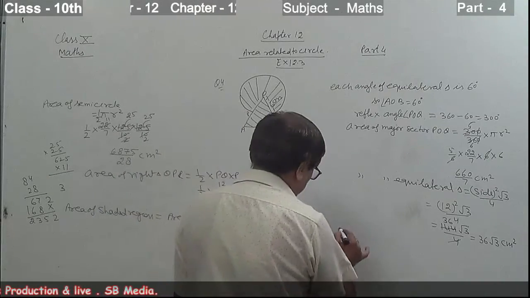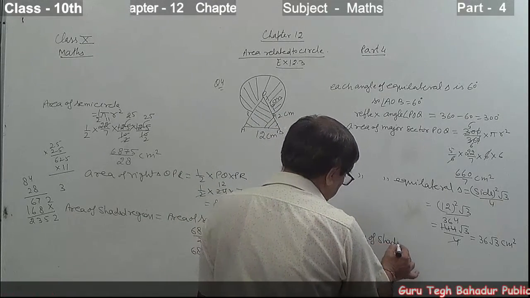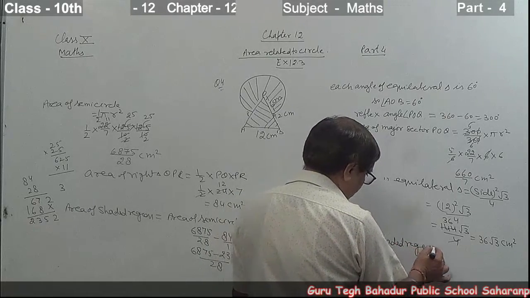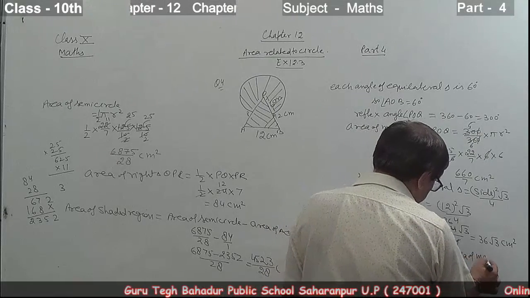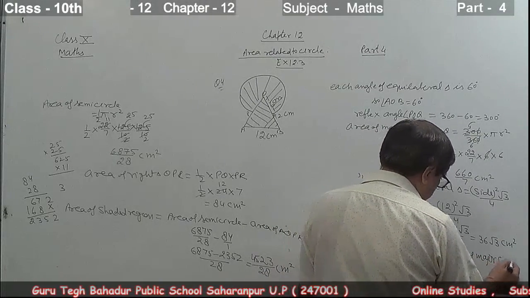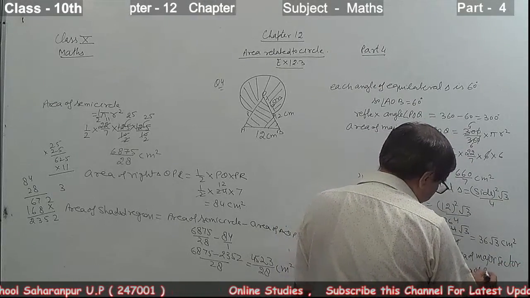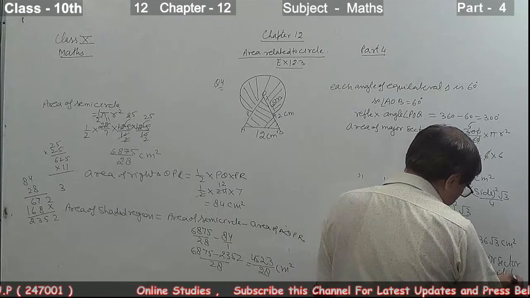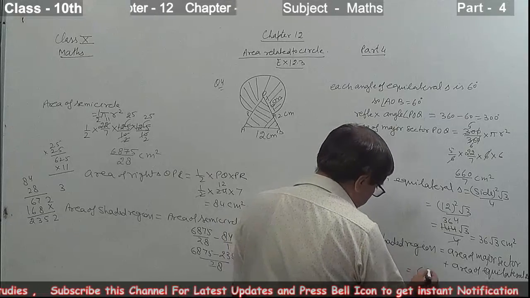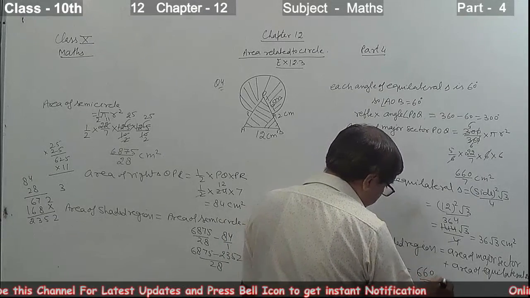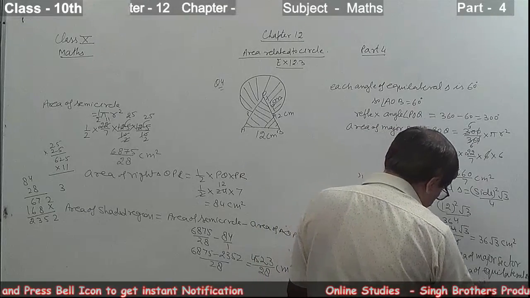Therefore, area of shaded region is equal to area of major sector plus area of equilateral triangle. So it will be 660 upon 7 plus 36 root 3 centimeter square.